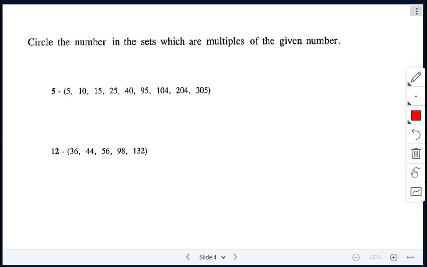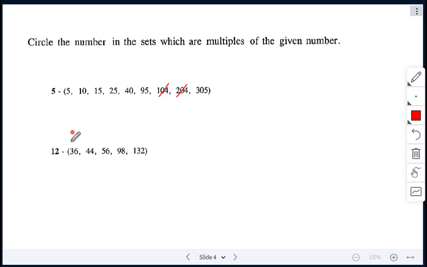Looking at this question, 5, 10, 15, 25, 40, and 95 would all be multiples. 104 and 204 would not be multiples. 305 would be a multiple. Instead of circling, I just crossed out those 2. Recall when we were looking at divisibility rules, if the numbers ended with 5 or 0, we know it was divisible by 5.